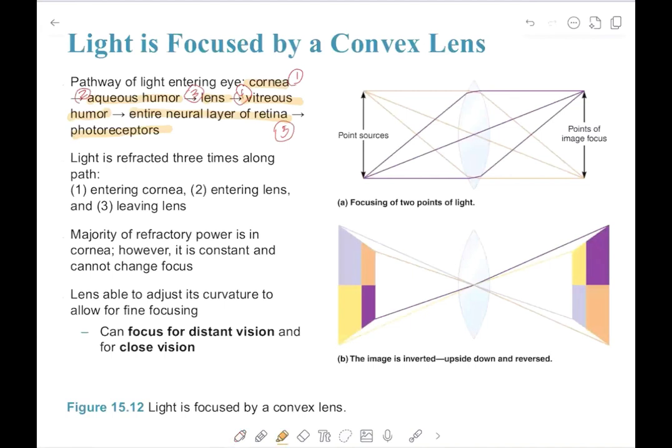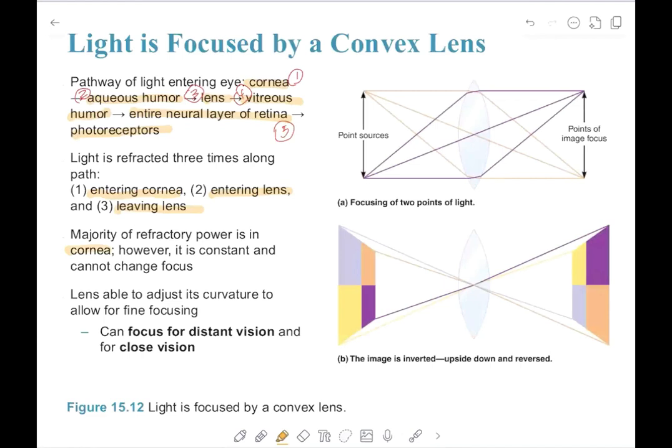The light is refracted three times along its path, entering the cornea, entering the lens, and leaving the lens. These are the only three places that should refract or bend the light. The majority of the refractive power is actually in the cornea. However, that should be constant and shouldn't change focus, although that can be a problem in things like astigmatism.